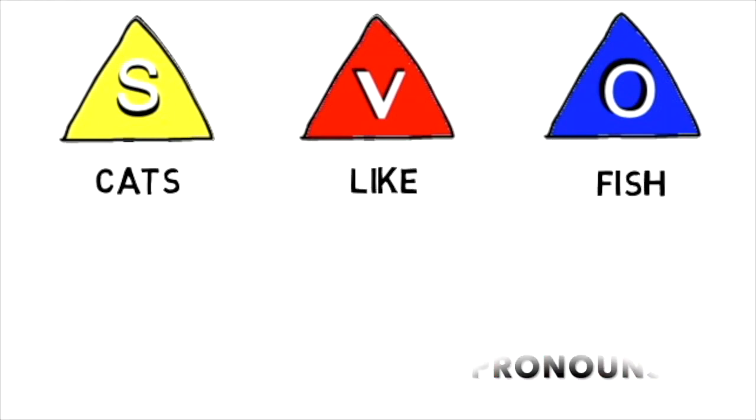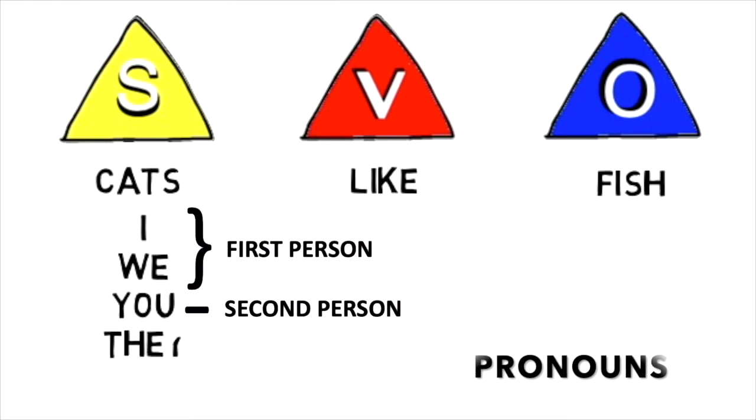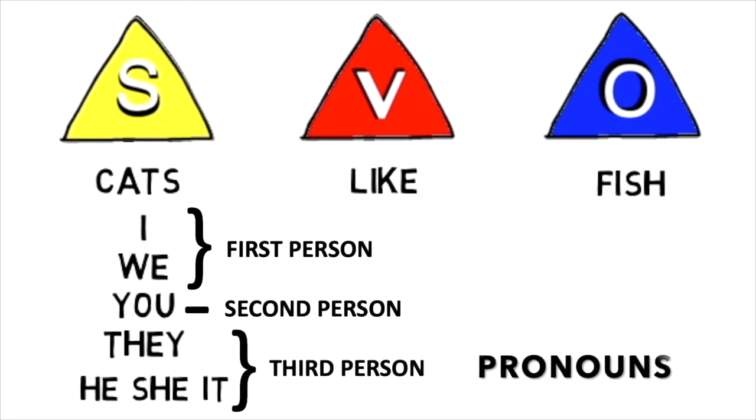Now let's look at different kinds of subjects and objects. We've been looking at what are called common nouns like cat or book or something like that, but we can also use pronouns: I and we, that is the first person of the verb, singular and plural; you, the second person, the same in singular and plural; and they and he, she and it, which are the third person.